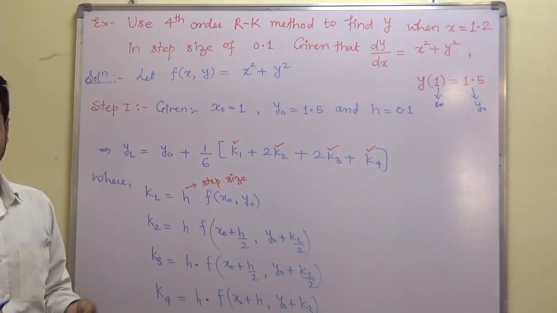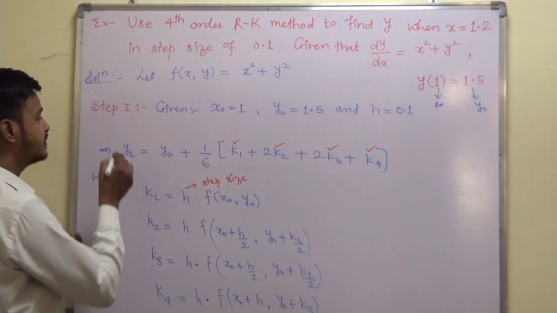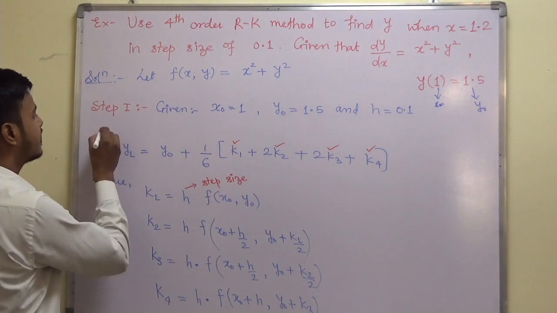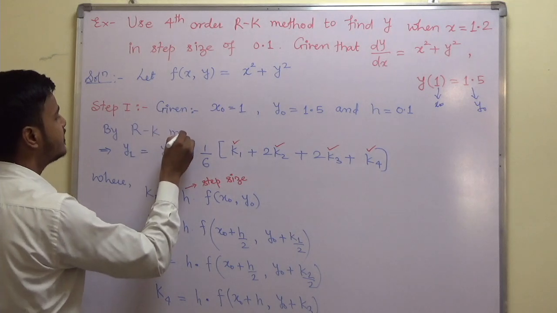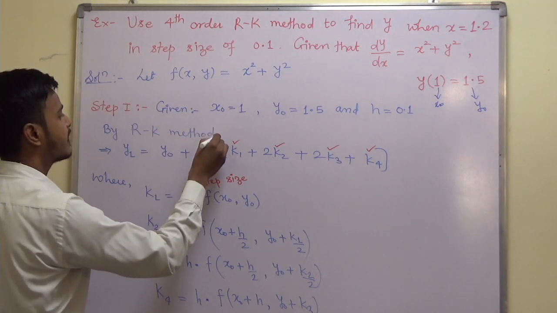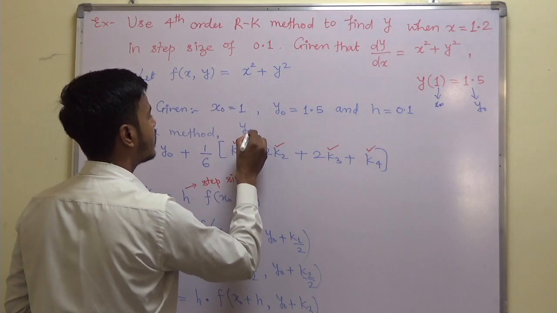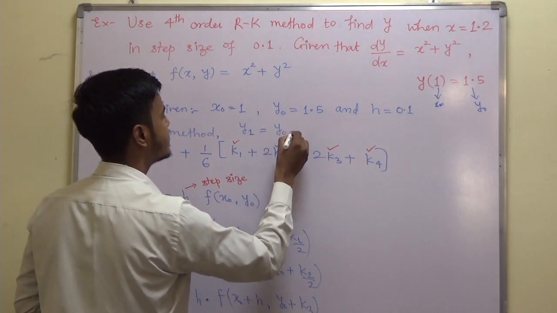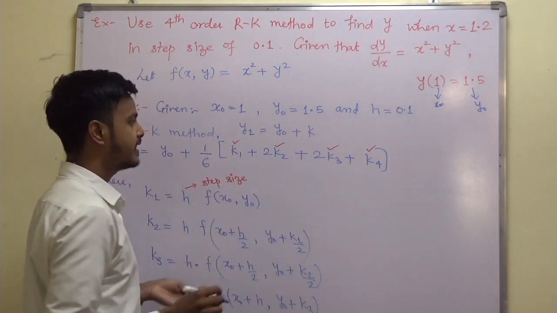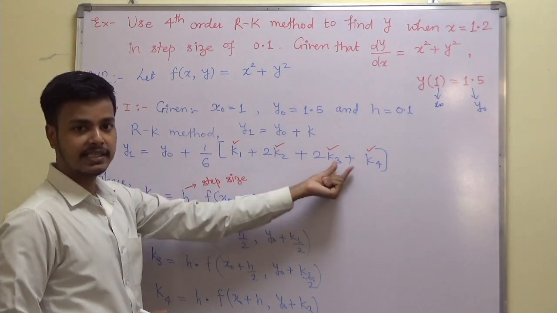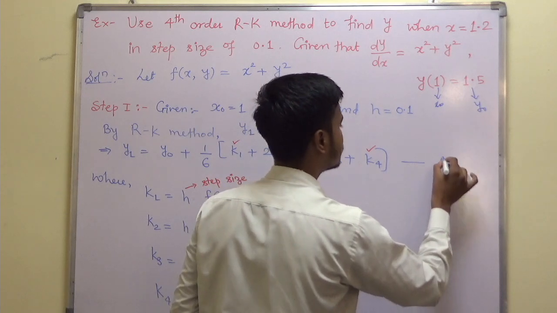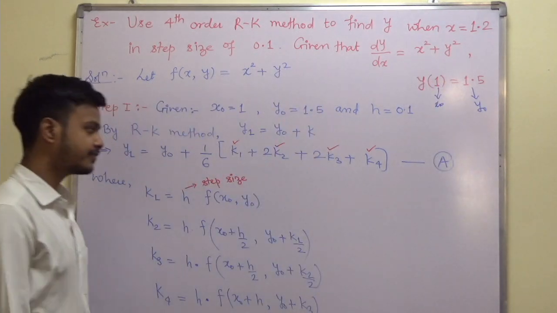So you can just write by RK method, y1 is equal to y0 plus k, where this k stands for 1 by 6 times k1 plus twice k2 plus twice k3 plus k4, and say this is equation number 1.